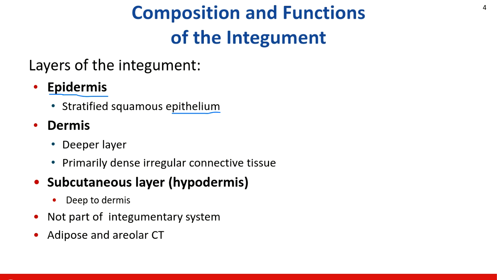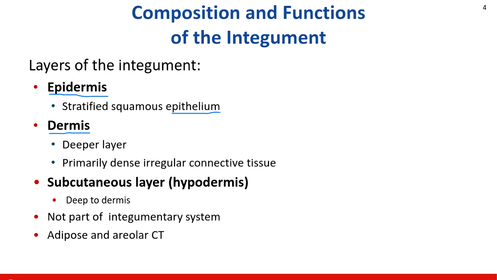Second layer is the dermis, the deeper layer. This is the layer that I tell people has all the stuff in it, and we'll discuss what's in there, because it has connective tissue, epithelial tissue, muscle tissue, and nervous tissue.